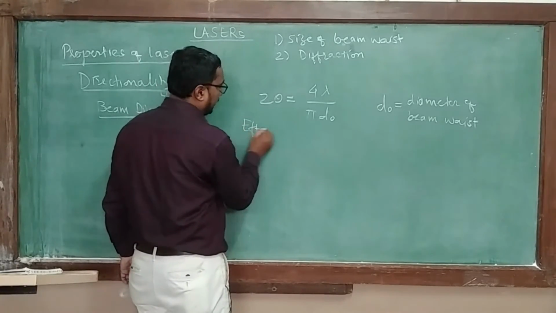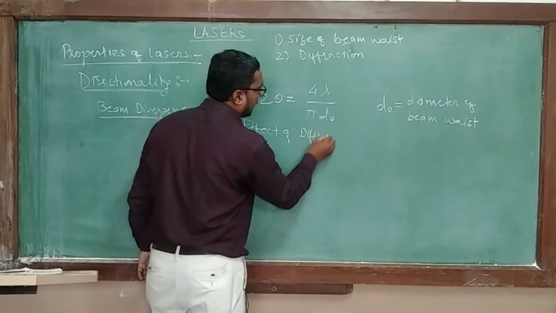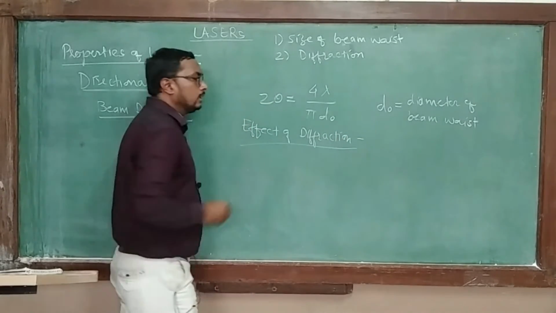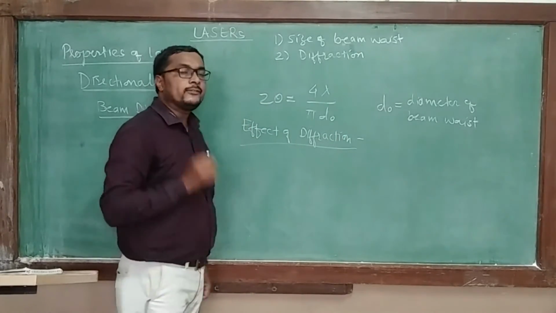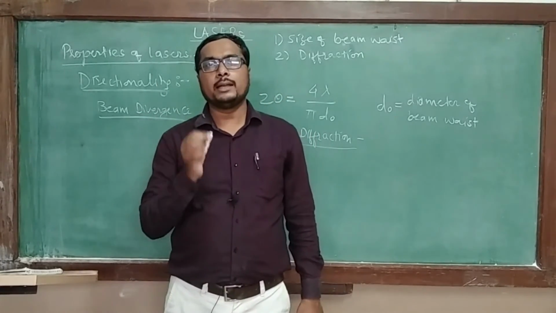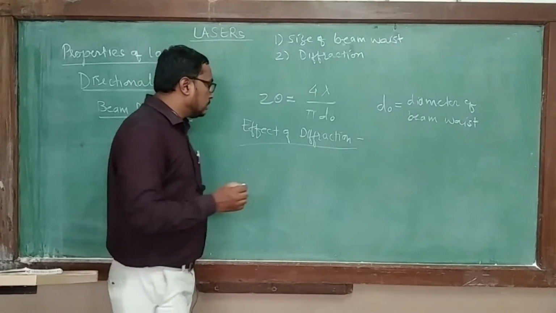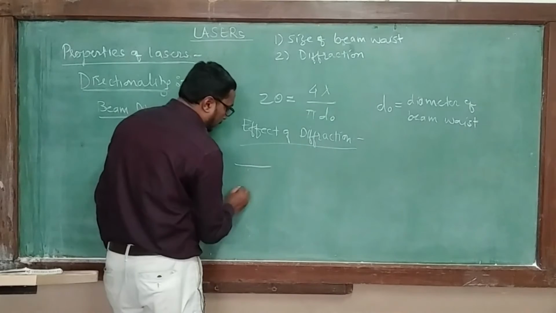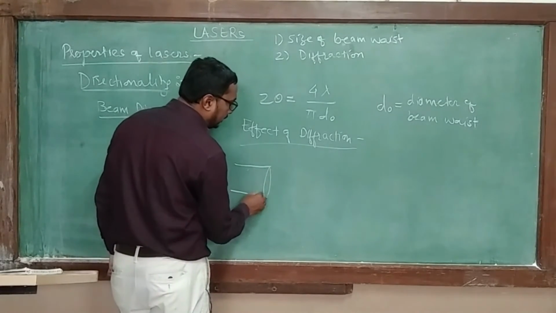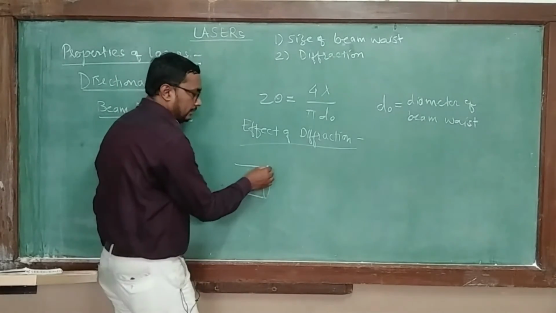Now let us see the effect of diffraction on the divergence of laser. We know that diffraction is the bending of a light beam at the edges of an obstacle, right? In the case of a laser, we have this output window here, and this output window has edges, right?